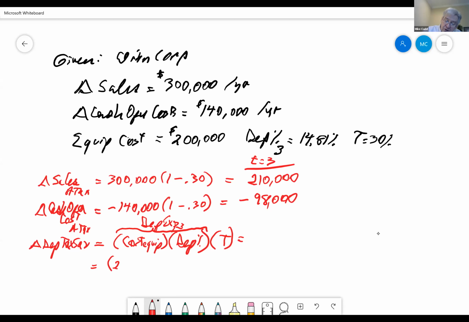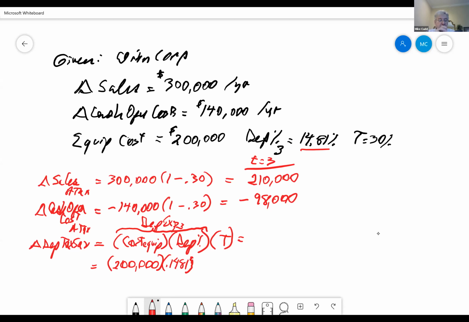So the cost of the equipment is 200,000. We would be allowed to take 14.81% of that for depreciation purposes.